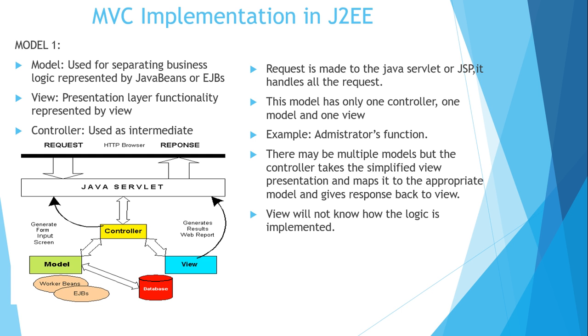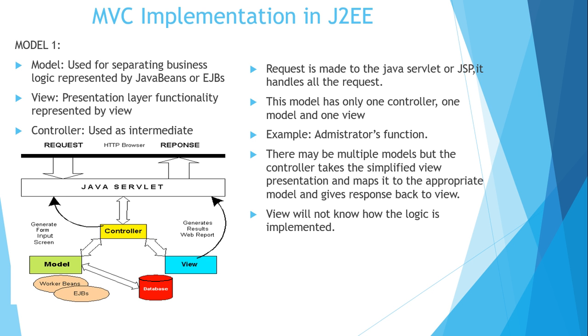Implementation of MVC in J2EE. Here the model separates the business logic and is represented by Java beans, the view is the presentation layer functionality, and the controller is used as an intermediate layer. The request goes to the Java servlet, and from the Java servlet it goes to the controller.